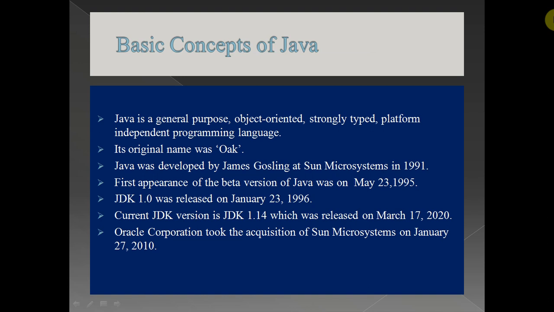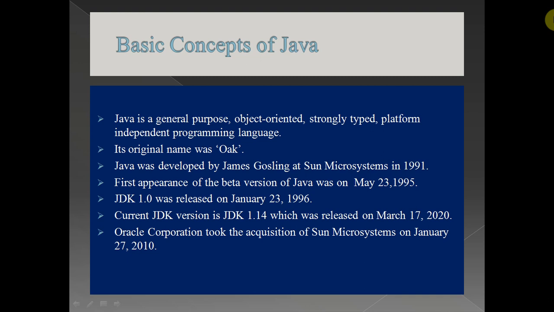So let's have a look at the history of Java. The original name of Java was Oak, and it was developed in 1991 by James Gosling, who was working at that time at Sun Microsystems. The first appearance was in 1995. The beta version of Java was released, and the complete version, the entire JDK software, JDK 1.0, was released in 1996.